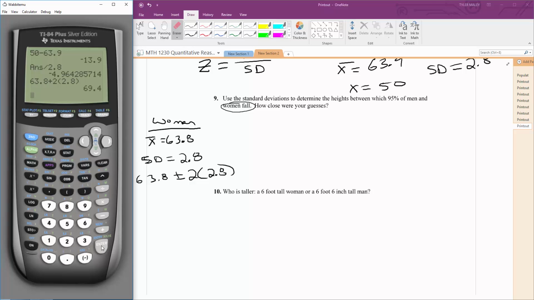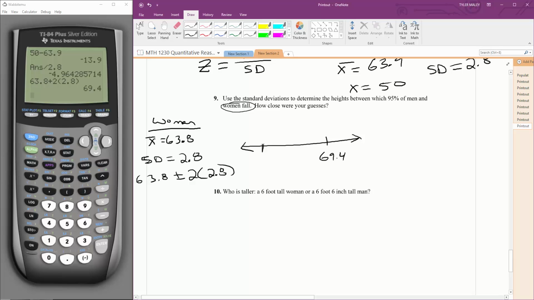So this gives the range, with the upper end being 69.4.